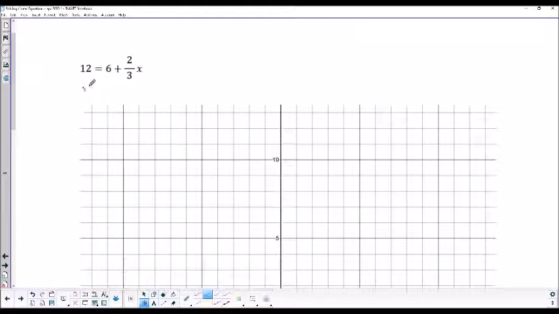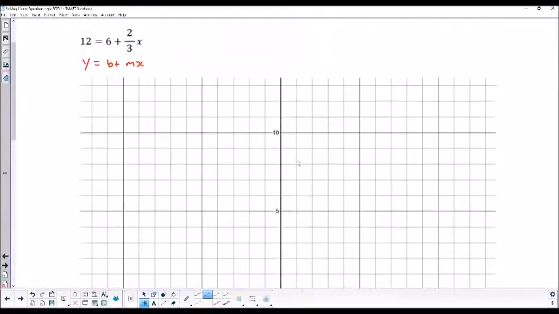This is basically just y equals b plus mx, so the right side is the same as what we've done in the past. The y-intercept is 6, the slope is 2/3, and then we could draw the line. After that we can actually draw y equals 12, and I'll show you that in a second.